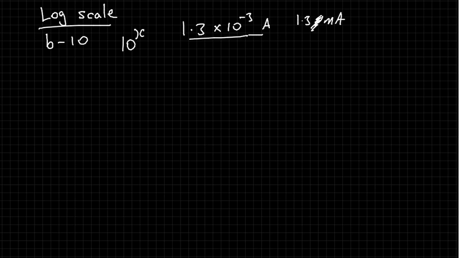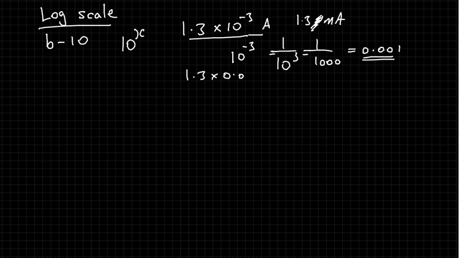And so you've got 10 to the power of negative 3, which is the same as 1 over 10 to the 3, which is 1 over 1000, so 0.001. This is our factor which we multiply the number 1.3 by to give us 0.0013. Alright, so that makes sense.